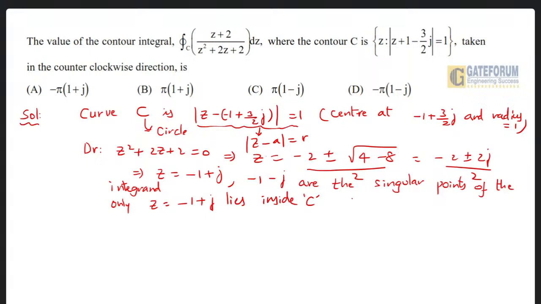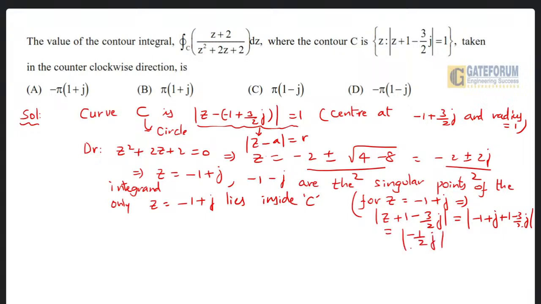Alternative procedure: for z = −1 + j, substitute this z point in the curve equation and check whether LHS is less than RHS. So |z + 1 − (3/2)j| simplifies to |−1 + j + 1 − (3/2)j|, which is |−(1/2)j|, nothing but half, which is less than 1.